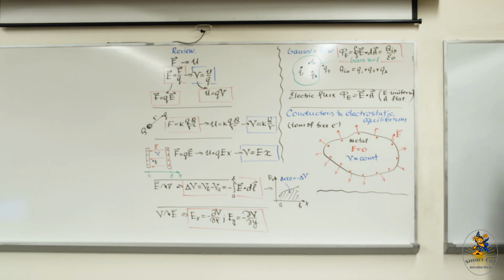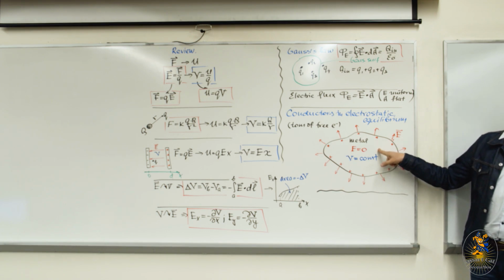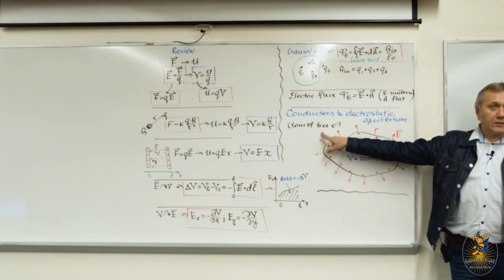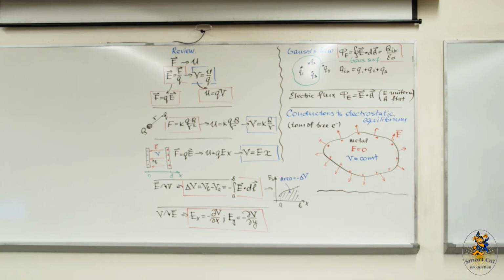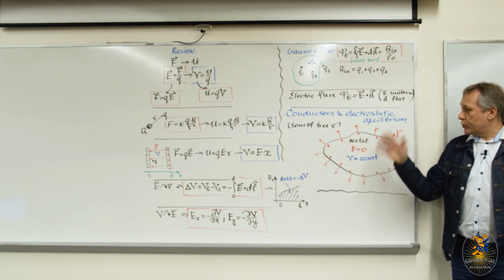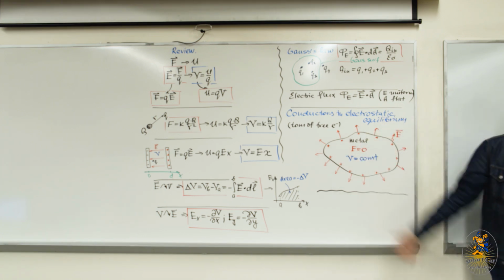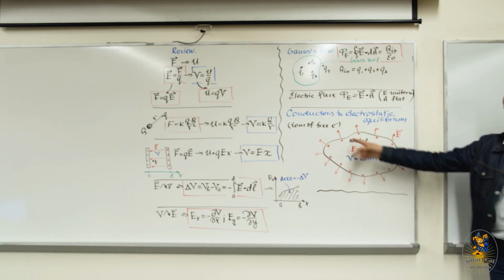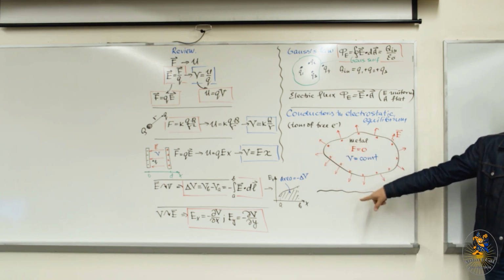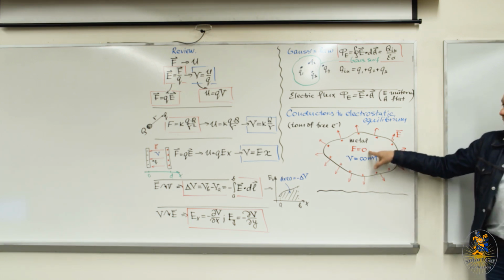Okay, and the last piece which we need for this exam, properties of conductors in electrostatic equilibrium. We spent like two classes discussing that. So if you have a piece of metal, first of all, it has tons of free electrons. They're free to move anywhere they want. And we found that if you dump some amount of charge on this piece of metal or expose it to some external electric field or something like this, then electrons will move and distribute themselves in such a way as to make the electric field inside zero.